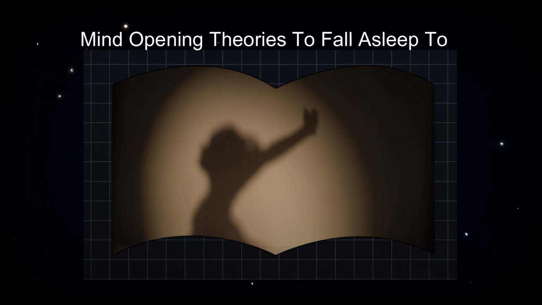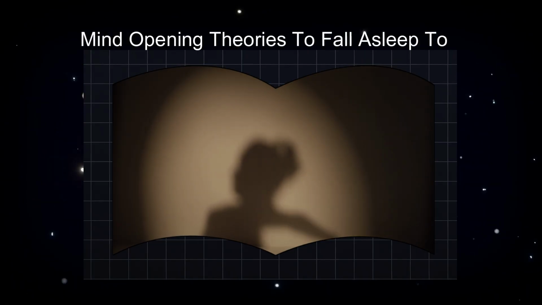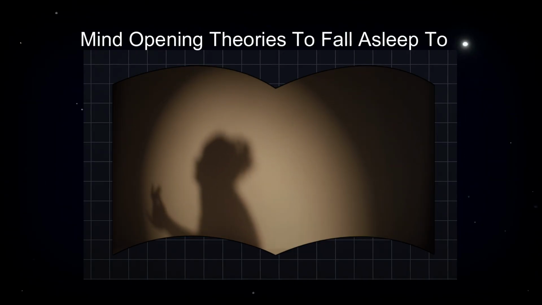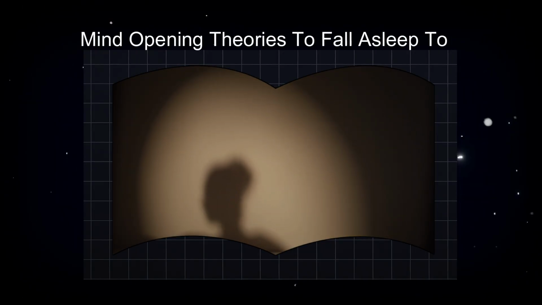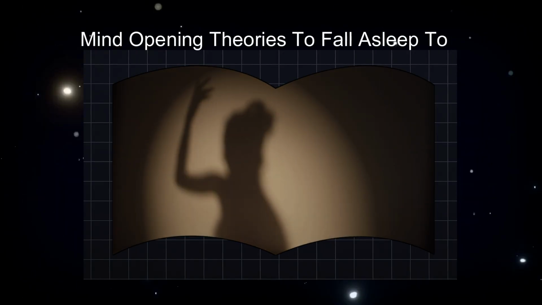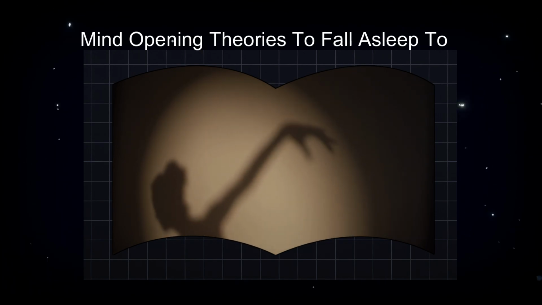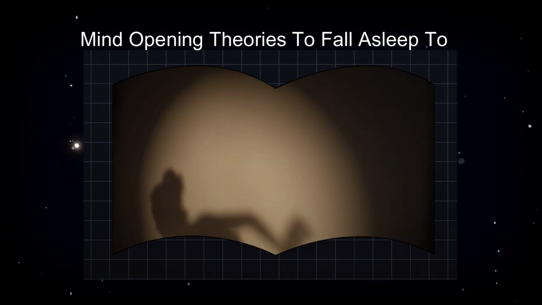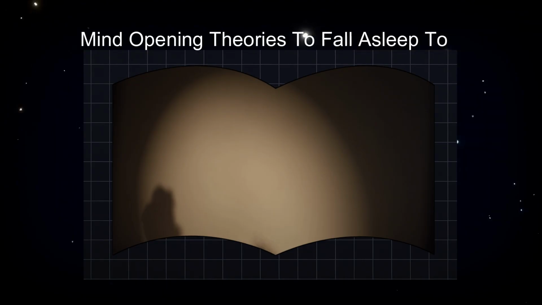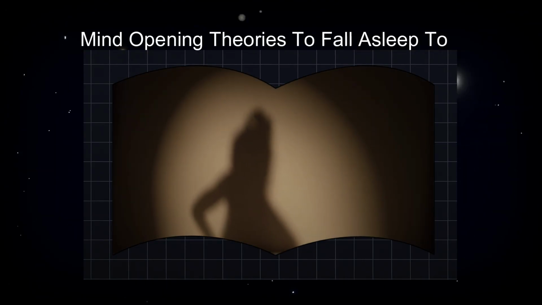Instead of a single, uncaused event, it paints reality as part of a larger, more complex cosmic fabric. Whether or not it's true, it opens the door to extraordinary possibilities. A universe shaped not just by what's within, but by what lies beyond.